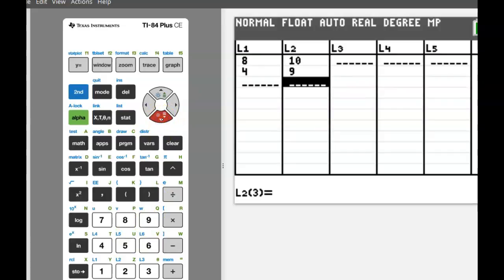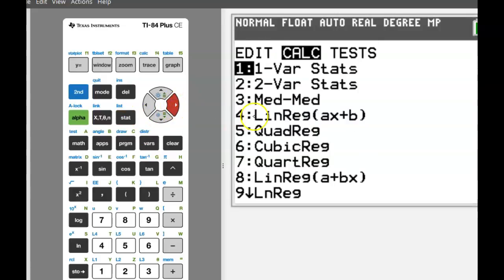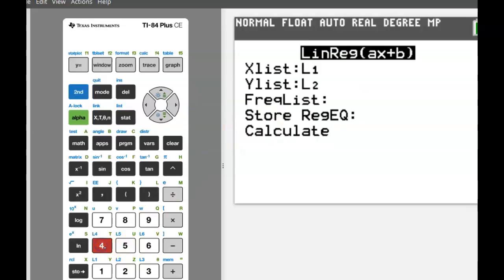Okay. Once you have those in, what did I say? Anybody remember? Back to stat. Over to calculate. Line of regression, which is choice 4 or 8 if you're in stats. They use the other version, but as long as this says list 1 and list 2 and nothing else is filled in, you can just go down to calculate. We don't need to store it or anything.